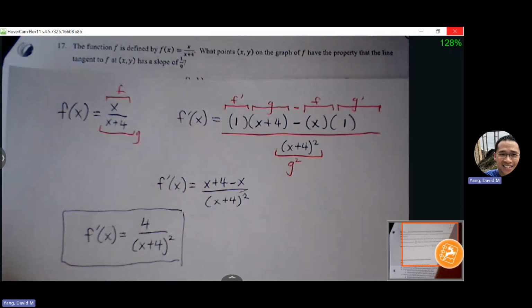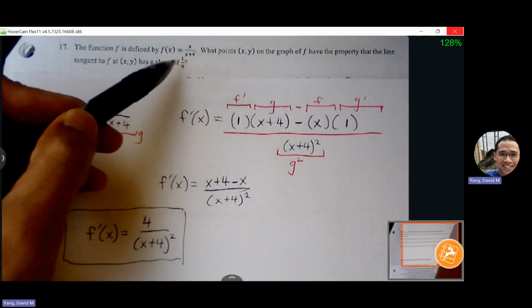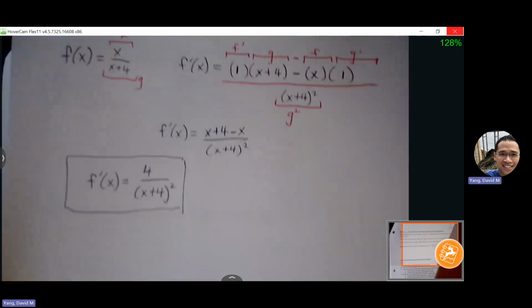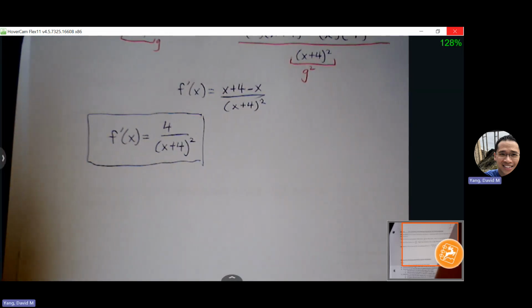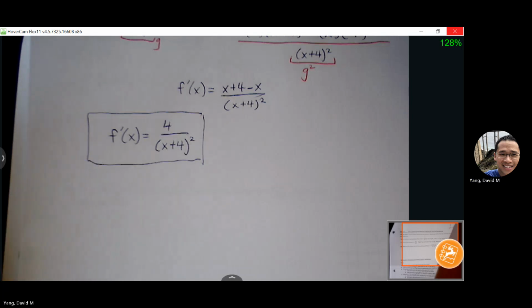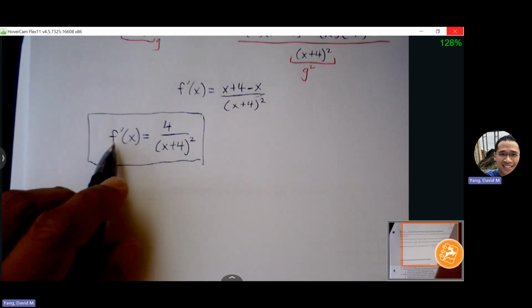So we're looking to see where on this graph it's going to experience a slope of 1/9. So how can we use this to help us find the location, given that we're after a slope of 1/9? What can 1/9 replace on this f prime? F prime is slope, right? So replace slope with 1/9.